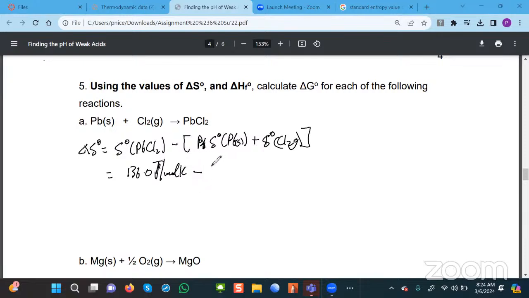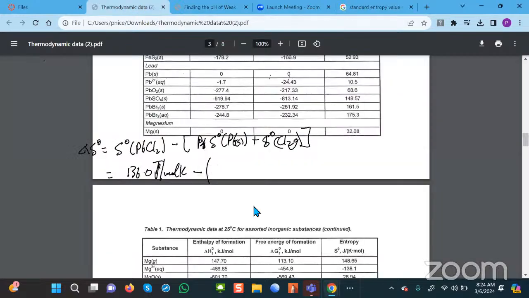And then we're going to subtract from that the sum of the entropy of lead, which is, okay, lead. Where's lead? Okay, so lead is 64.81. So (64.81), again, this would be joule per mole Kelvin, plus for chlorine.